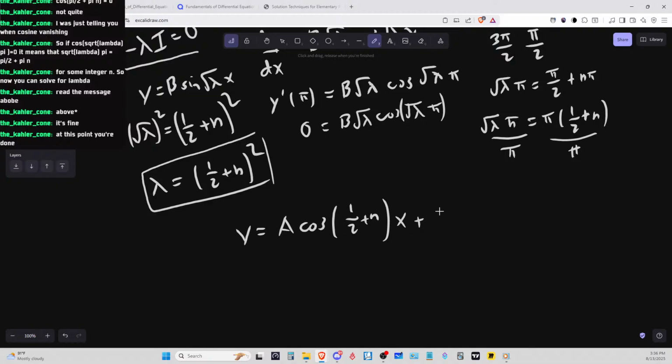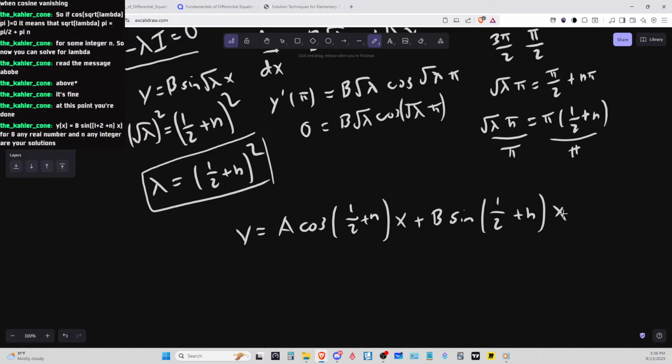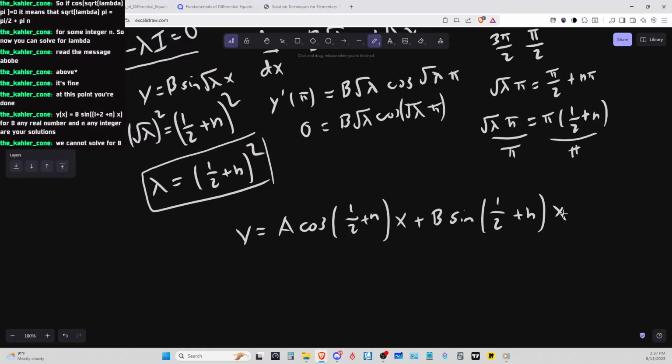That plus sine, at this point you're done. Any real number, we cannot solve for b. So technically this would be the whole thing, right?